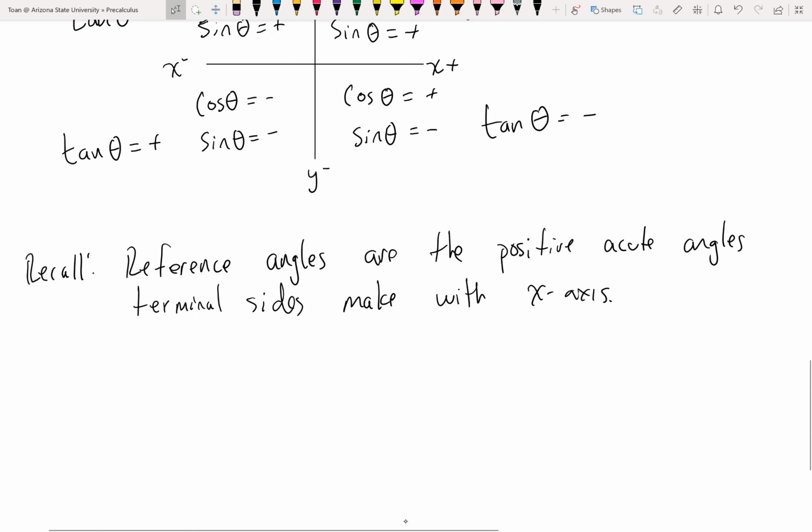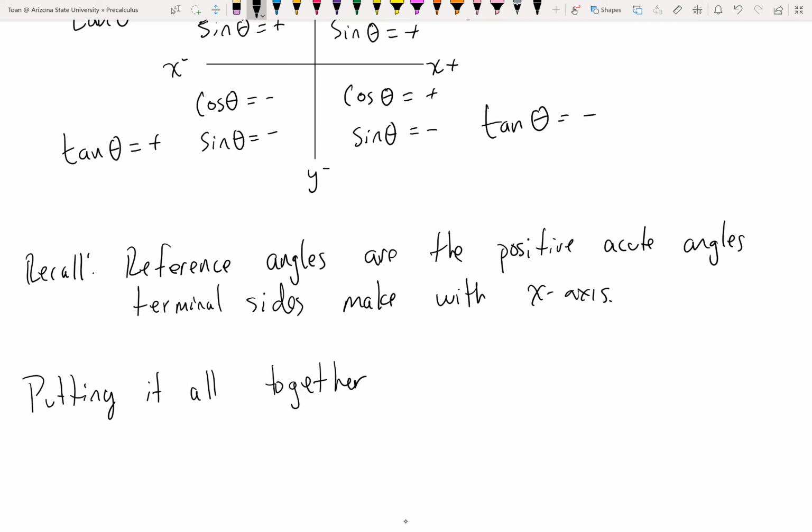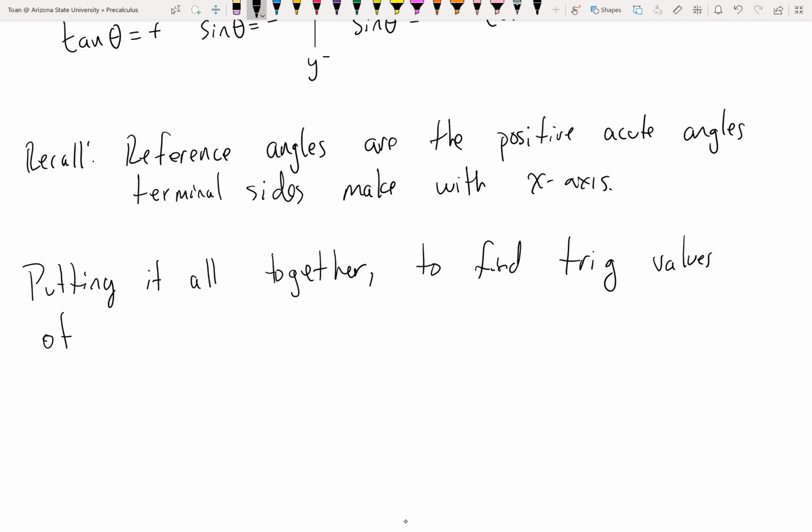So put it all together. To find trig values of, quote, special angles, step 1, find the reference angle.